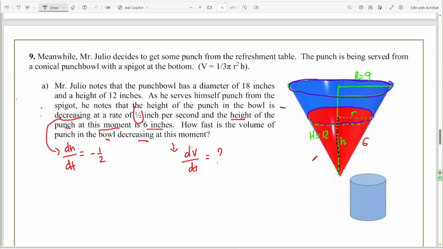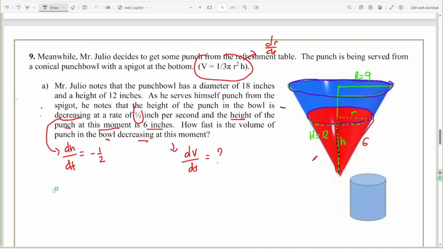Now remember, dr over dt is not given. So when you take the derivative of both sides with respect to t, you're going to get stuck because you have dr over dt right here. You need to use the similar triangles you learned in geometry to calculate r in terms of h. We have this triangle right here and the bigger triangle right here, similar.